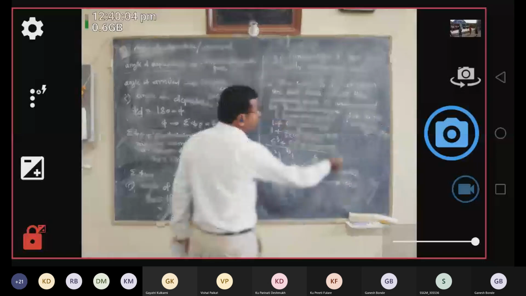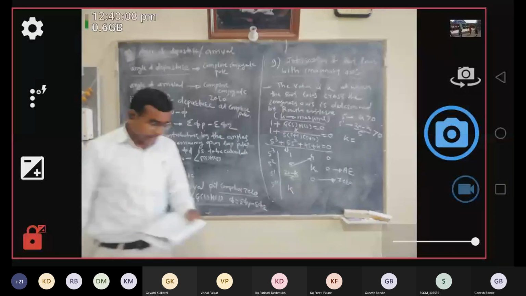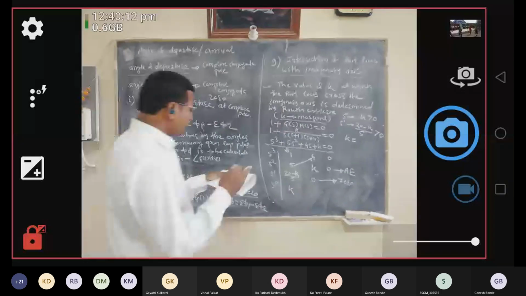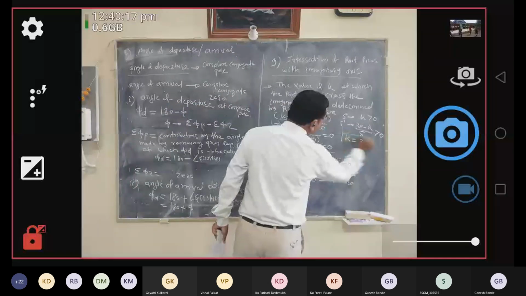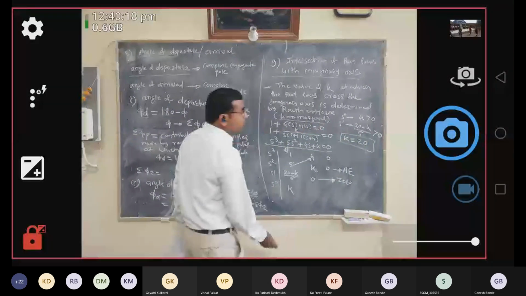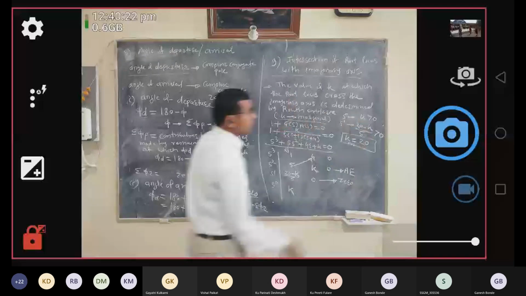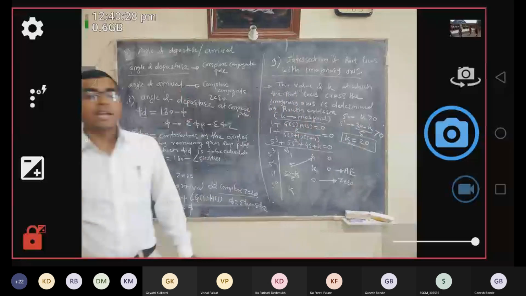From this expression, determine the value of k. 5 times 0, so k is equal to 20. So this is your marginal value of k. When k is equal to 20, your root locus branches are intersecting the imaginary axis.